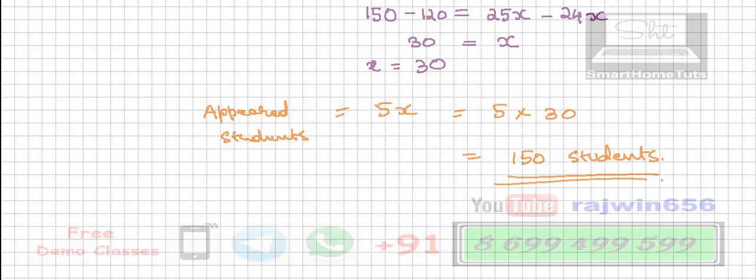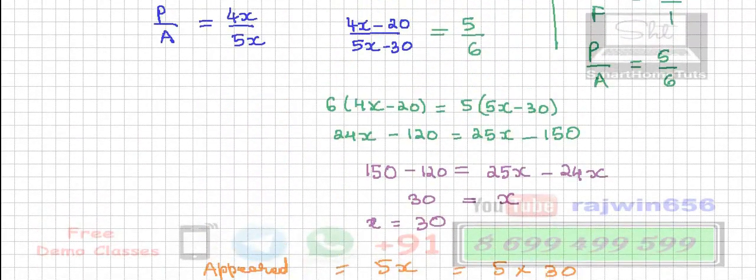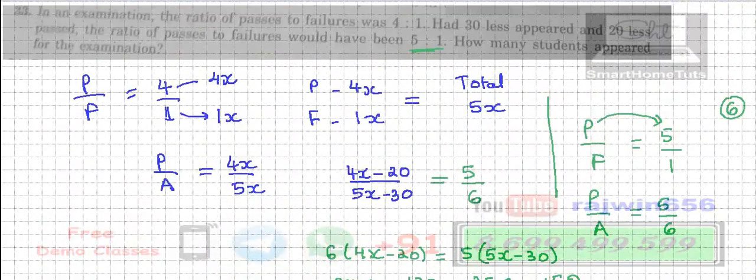I'll just quickly review the sum what I have done. Okay. Just quickly see this. Original pass to fail is 4:1. So this is 4x and 1x. So appeared will be total 4x plus 1x, that is 5x. So pass upon appeared, total is 5x.